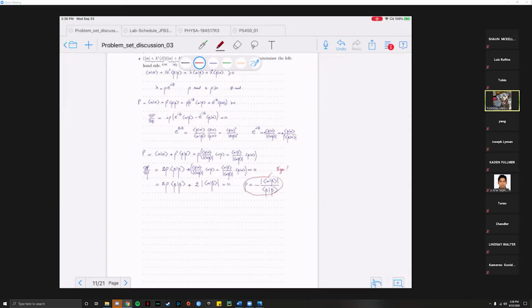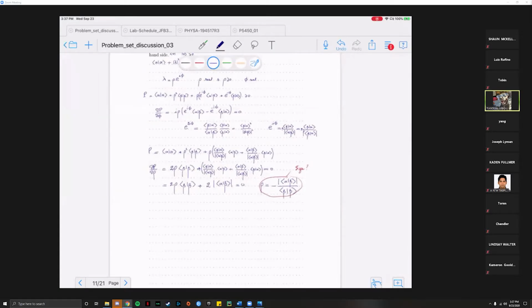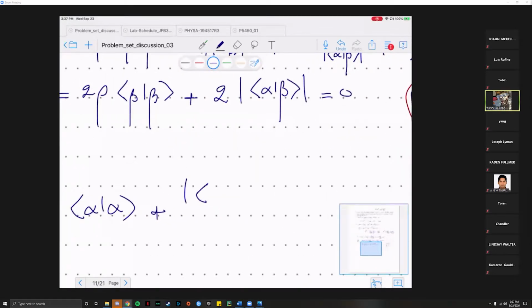But let's replace rho in P. Let's replace rho by what we found. So we have P that is still alpha plus rho square. So whether there is a minus sign or not gives us, I need to zoom in, I'm sorry.